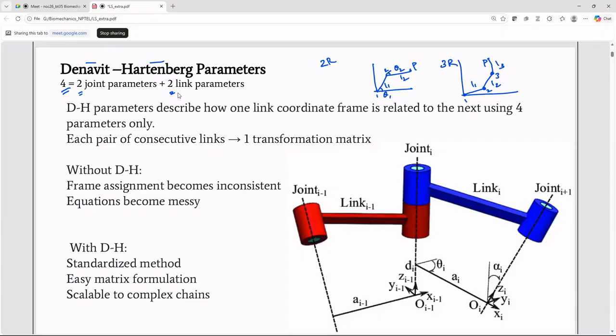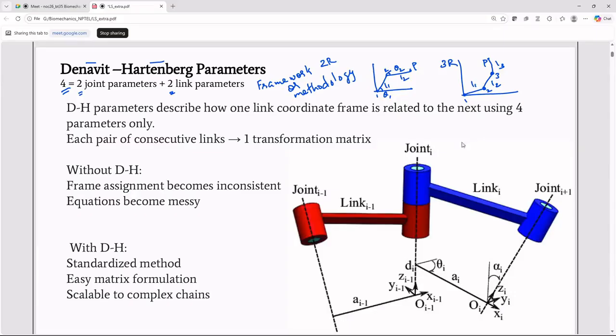That's how they reduced the entire thing. It's a framework or methodology. You can apply this methodology to analyze any robotic arm or joints. Even in biomechanics we can apply these things, which we will discuss later.